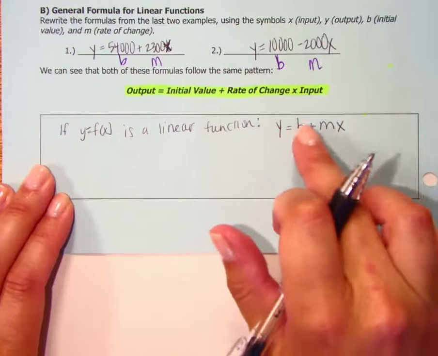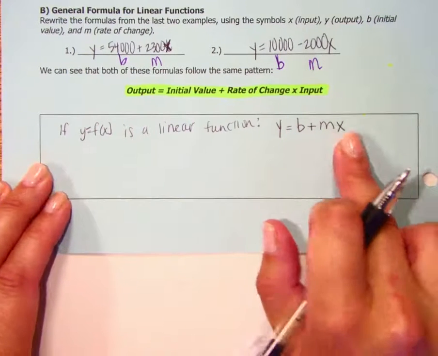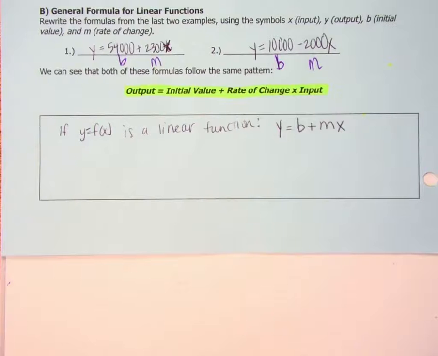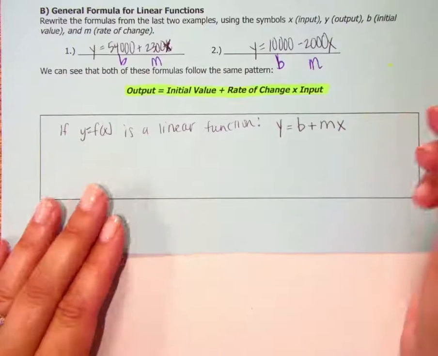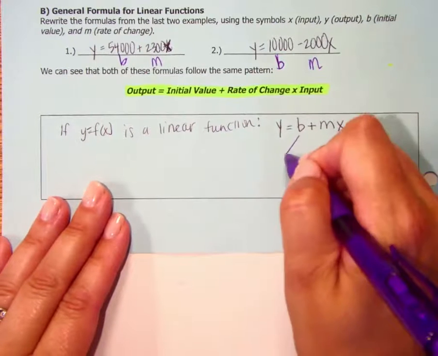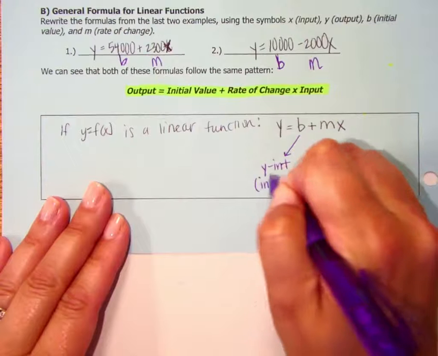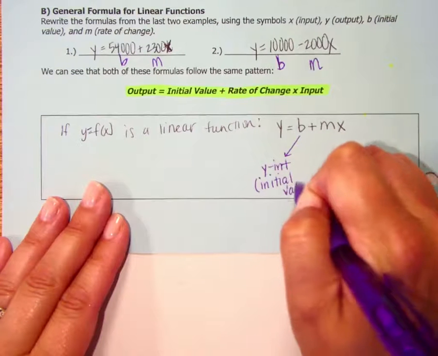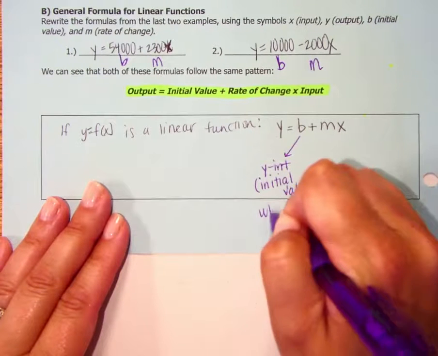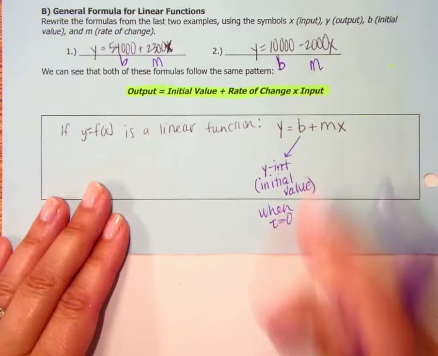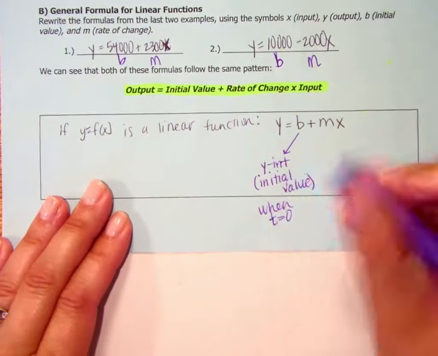Your initial value plus the rate of change times your input. That value of b, your y-intercept, I want you to start thinking about as your initial value when t equals 0.